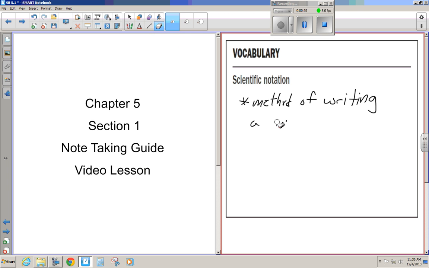So like I said, it's a method of writing a large or a small number using exponents.